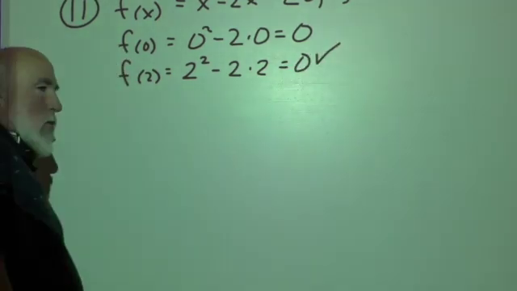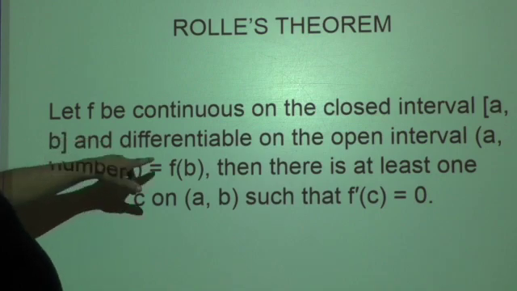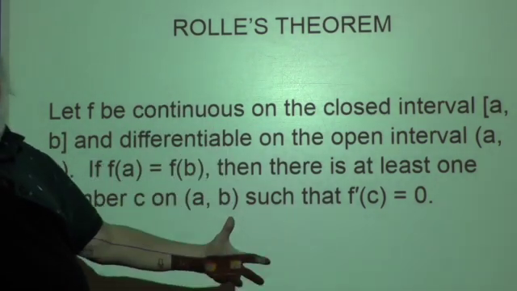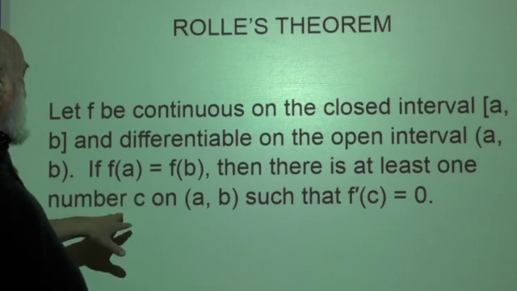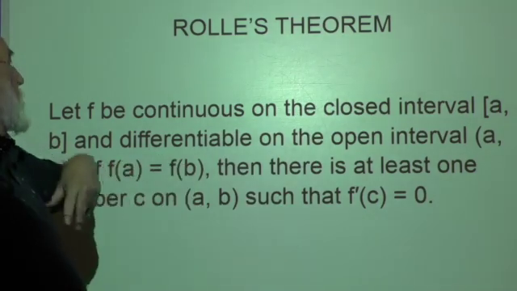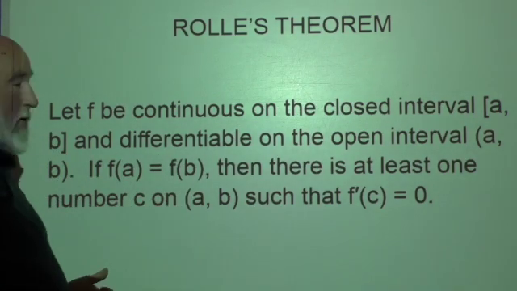So that's true, that works out. So since f of a equals f of b, there has to be at least one number c such that the derivative at c is equal to 0, c being a point somewhere between a and b.